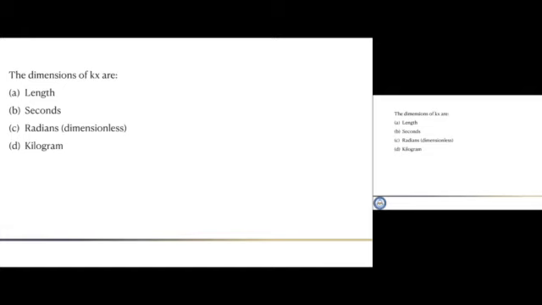Okay, so I'm sure most of you got the answer, which is that the dimensions of kx are radians, which is dimensionless.